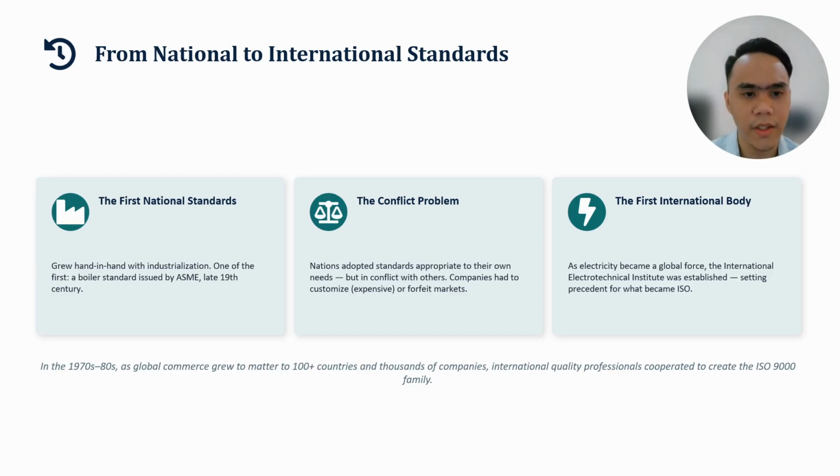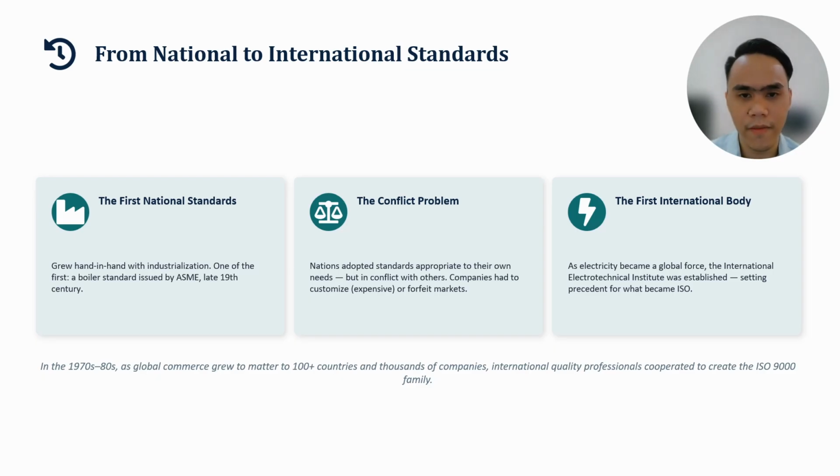Around the beginning of the 20th century, as electricity became a powerful force in different countries, an international standards organization, the International Electrotechnical Commission, was established. This organization provided a precedent for the later established International Organization for Standardization, familiarly known as the ISO.